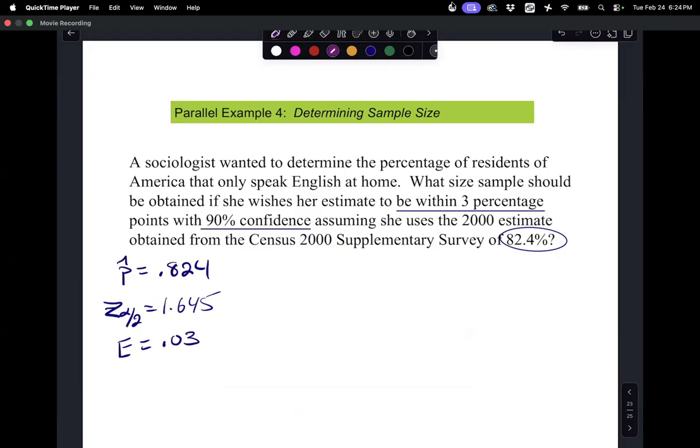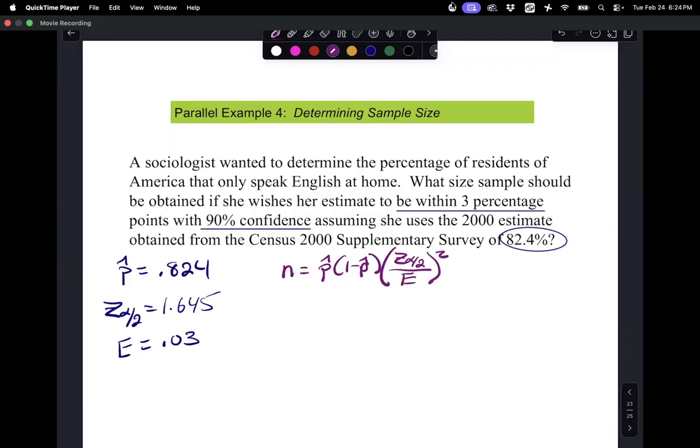So once again, our formula, n equals p hat times 1 minus p hat, times Z sub alpha divided by 2, let me do this again, Z sub alpha divided by 2, divided by the margin of error, squared.